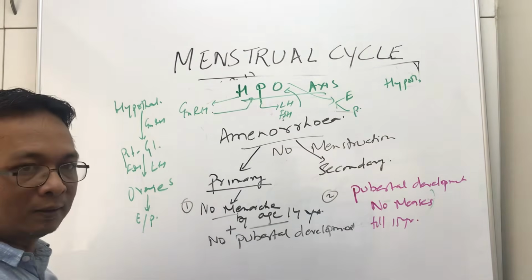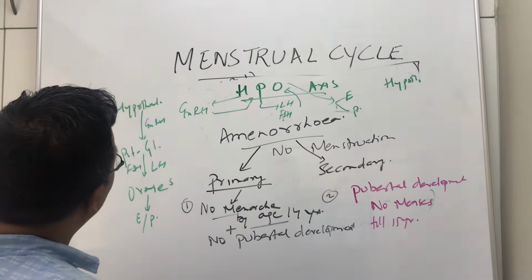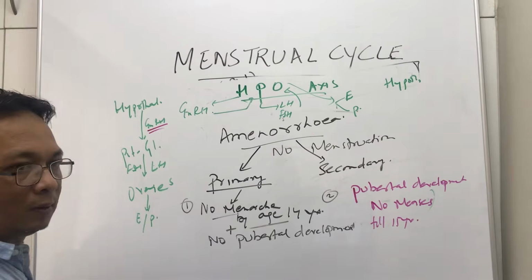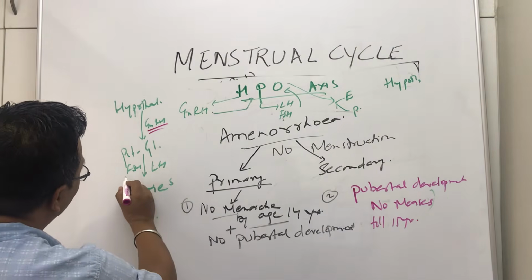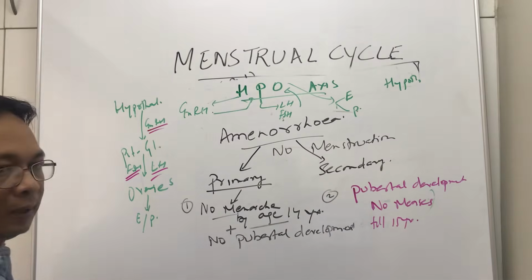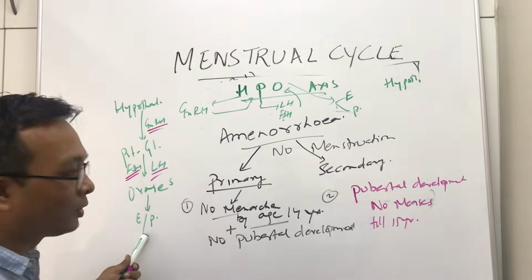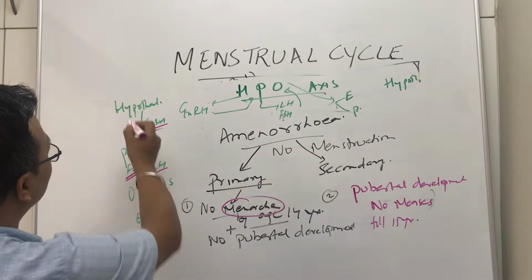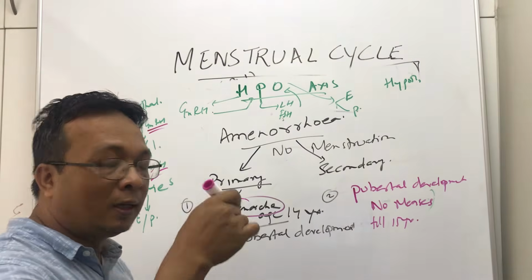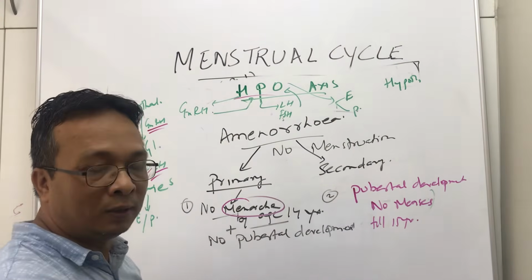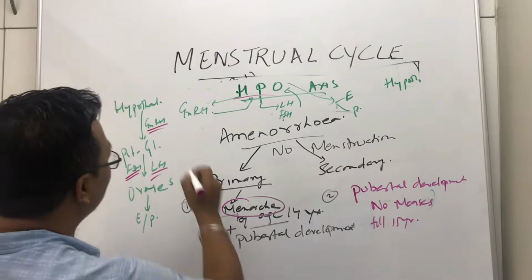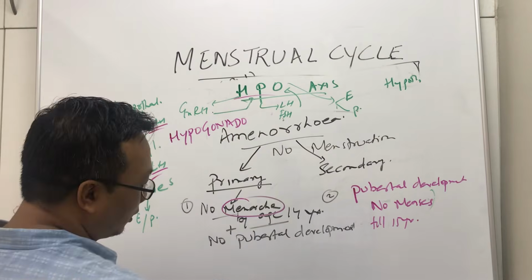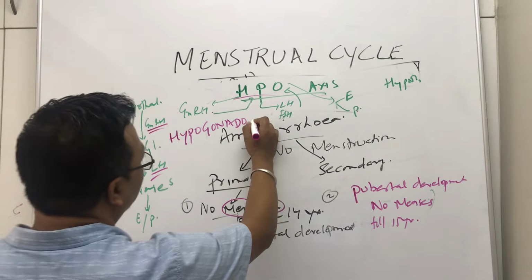So everything is linked. If due to some condition the hypothalamus is not releasing gonadotropin-releasing hormone, as a result the pituitary gland is not releasing FSH and LH, as a result ovaries are not secreting estrogen and progesterone, then also there will be no menarche. So menstruation will not start. The HPO axis is shut down. So we call that hypogonadotropic hypogonadism.